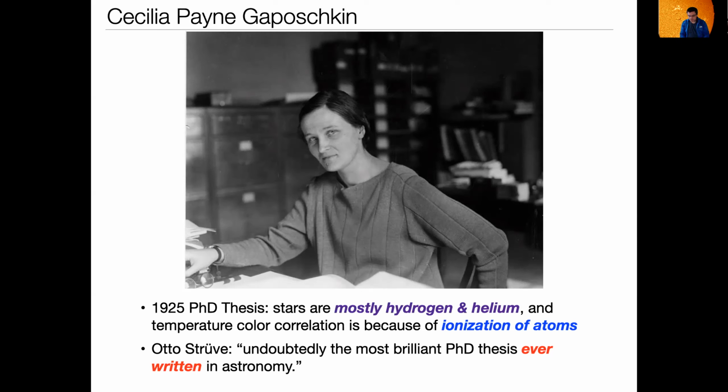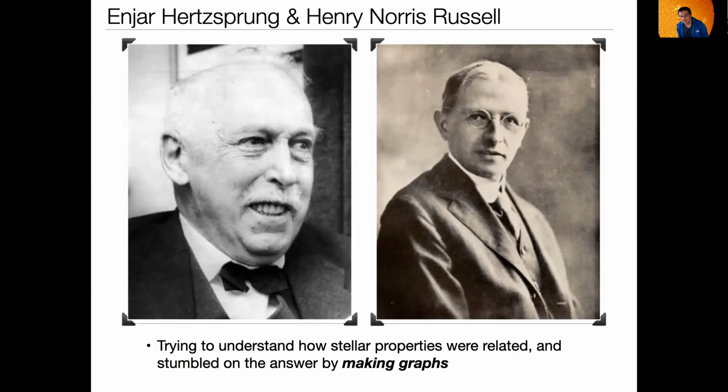Okay, now, how do people use this information? So the biggest use of this information, probably the next most important discovery in astronomy, was made by these two gentlemen. So this is Ejnar Hertzsprung on the left and Henry Norris Russell, who we were just discussing, on the right. Hertzsprung and Russell were trying to understand how stellar properties were related.